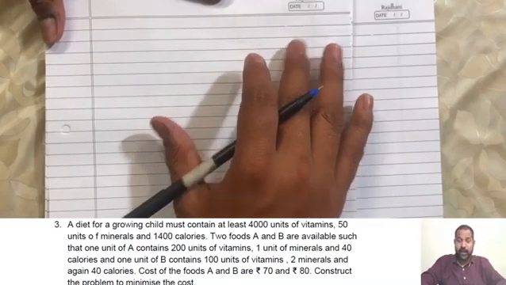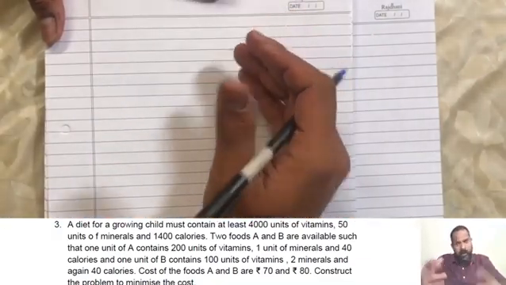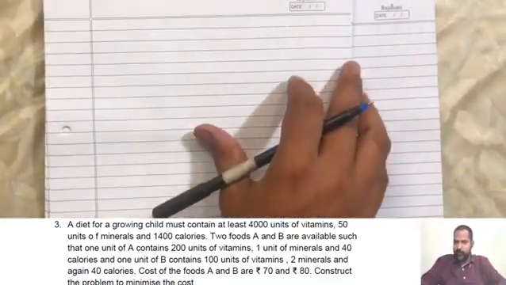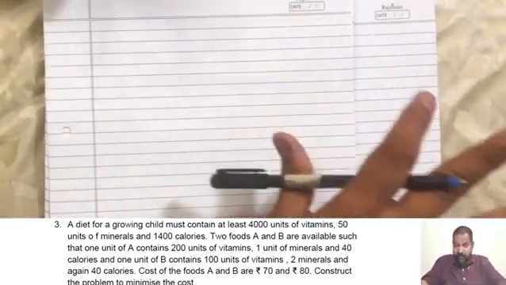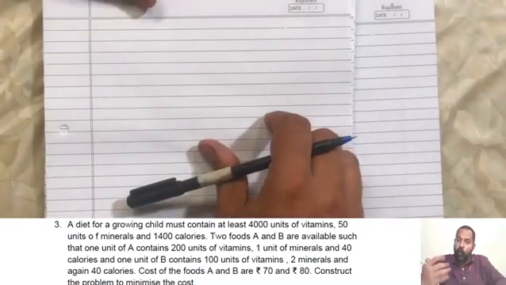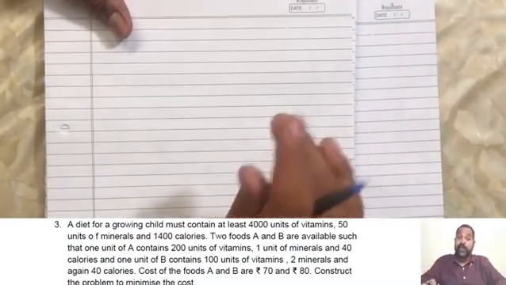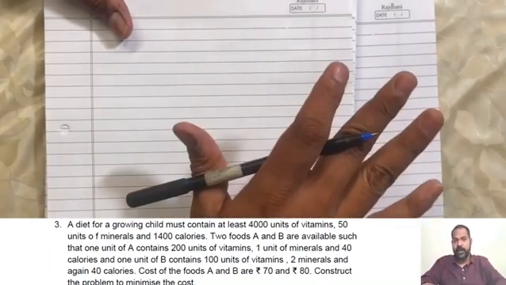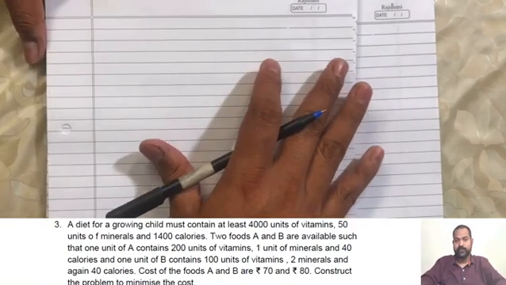It means that whatever food the child is fed, whether it's rice with milk or curd or any supplement, the minimum requirement is that 4,000 units of vitamins, 50 units of minerals, and 1,400 calories have to be given to the child.